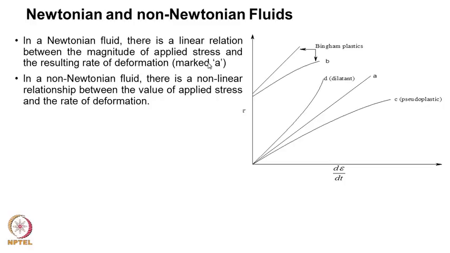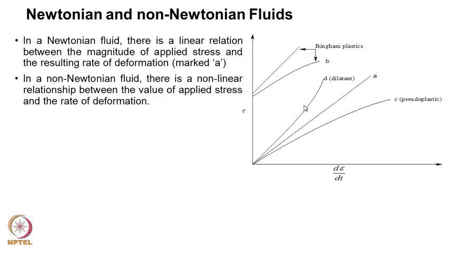So, there is a graph available. On the y axis you have the stress tau, and on the x axis you have the rate of strain, d/dt of epsilon, which is strain. A is a linear straight line, a linear relationship between applied stress and the resultant strain. That behavior, which is marked here as A, is known as a Newtonian fluid.